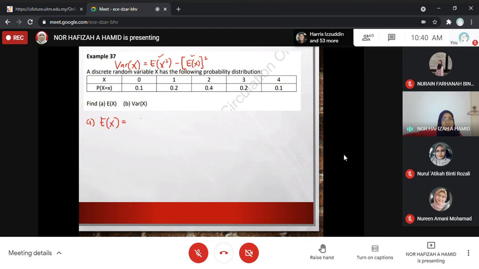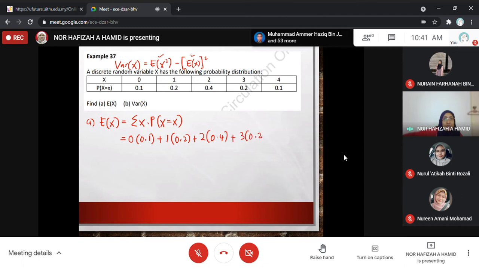Ex is equal to the summation of x times the probability. So you just multiply 0 times 0.1, plus 1 times 0.2, plus 2 times 0.4, plus 3 times 0.2, and you get the answer Ex is equal to 2.